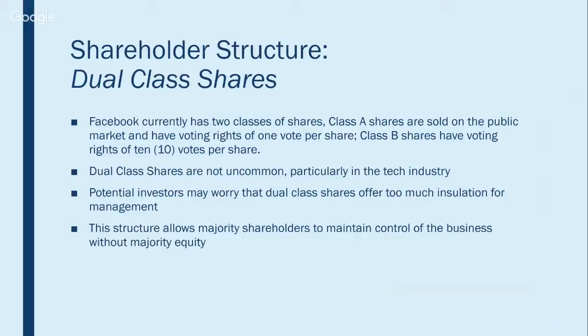This is not a common practice, particularly in the tech industry, but it is something that potential investors may worry about because often they feel that it offers too much insulation between management and outside shareholders. This structure allows majority shareholders to maintain control of the business without majority equity, which many argue allows management to focus on long-term goals rather than short-term goals.